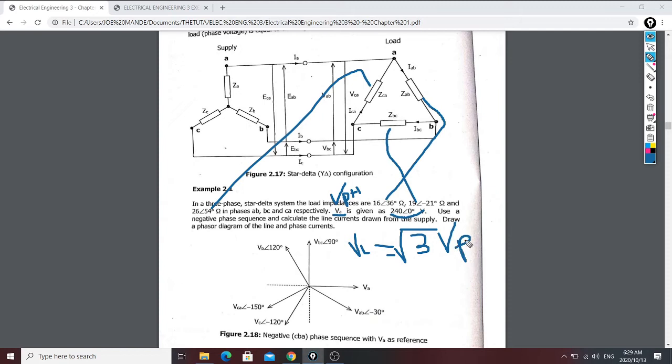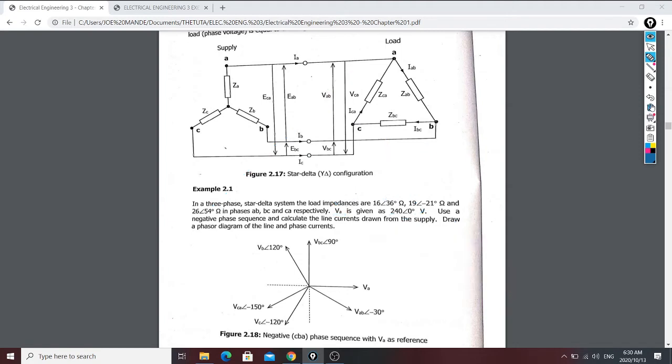So we're going to change the magnitude of that phase to a line, which is going to be √3 times 240.